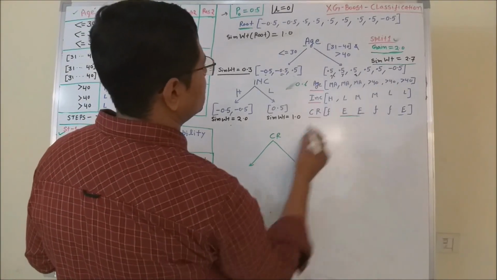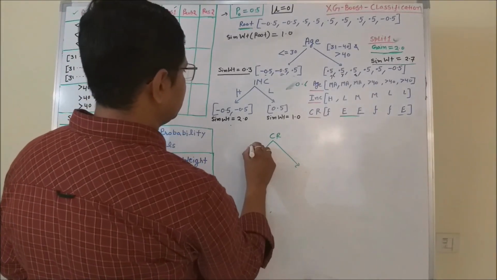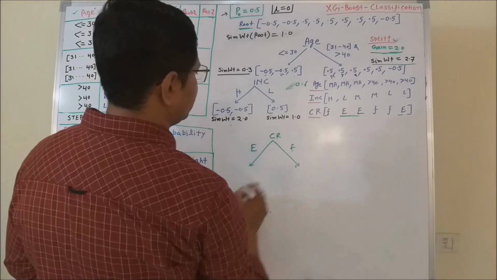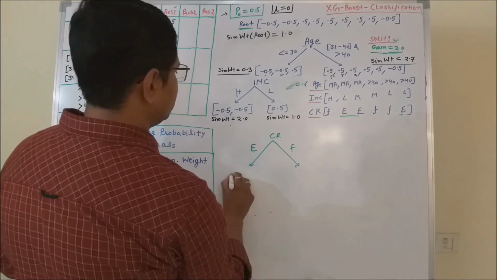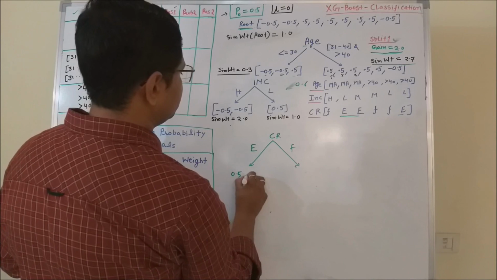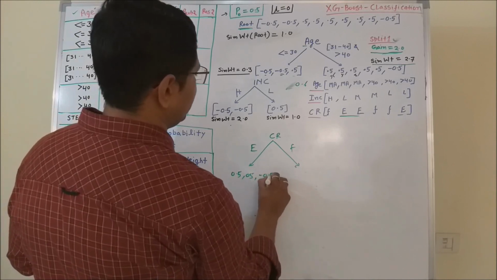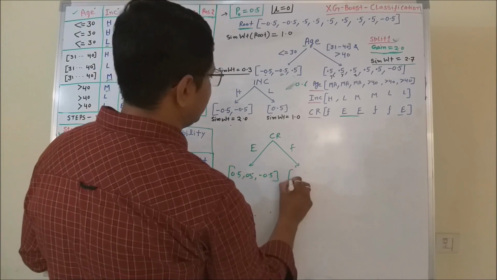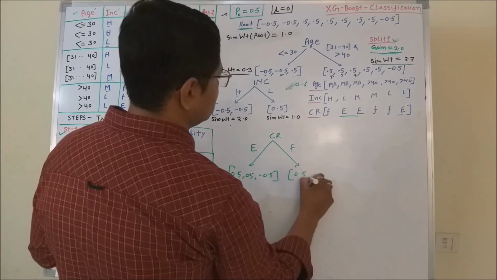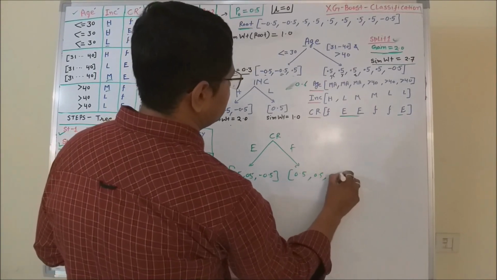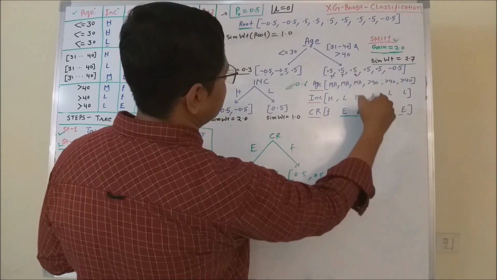So you will get something like an excellent and a fair related split. The excellent related split will be 0.5, 0.5 and minus 0.5, and the fair related split is 0.5, 0.5 and 0.5. Here you can see.